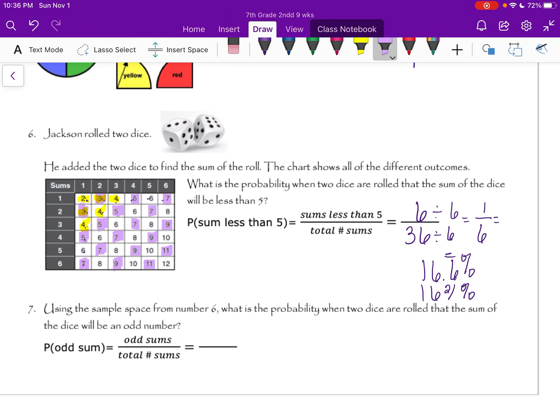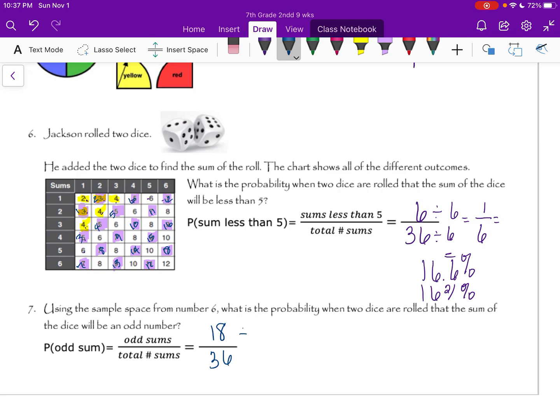Okay, so let's count. I might actually put the numbers too. So 1, 2, 3, 4, 5, 6, 7, 8, 9, 10, 11, 12, 13, 14, 15, 16, 17, 18. So there's 18 odds. And then 6 times 6 is 36. So what number can go into 18 and 36?